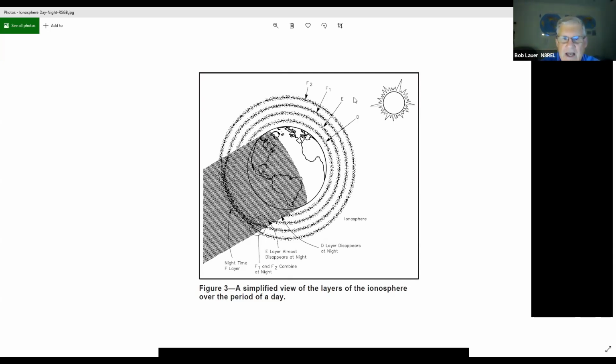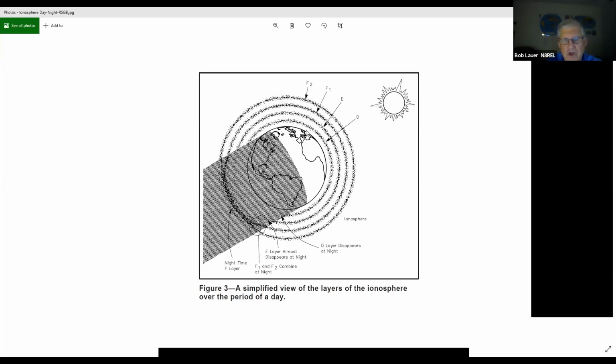You see on the daylight side, you've got all four layers in effect, but once the sun goes down, you see that this D layer is gone. The E layer becomes really, really lighter, and the F1 and F2, you see they combine into a single layer.